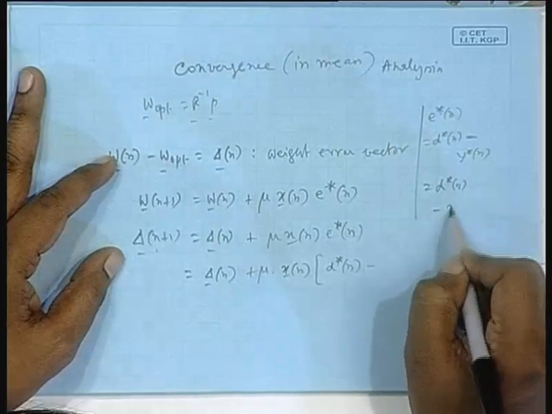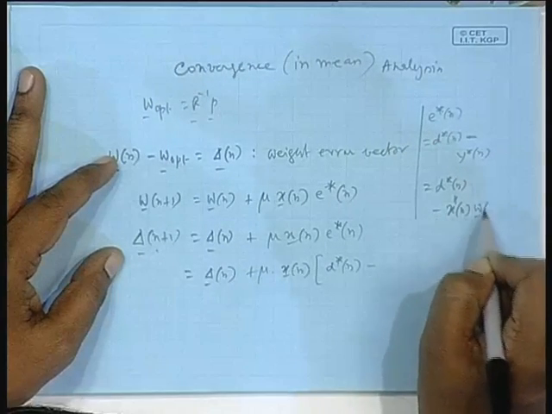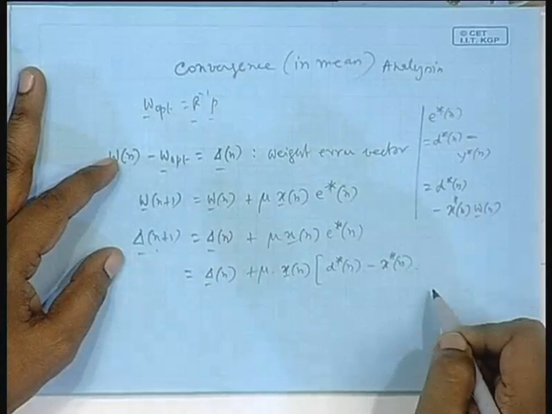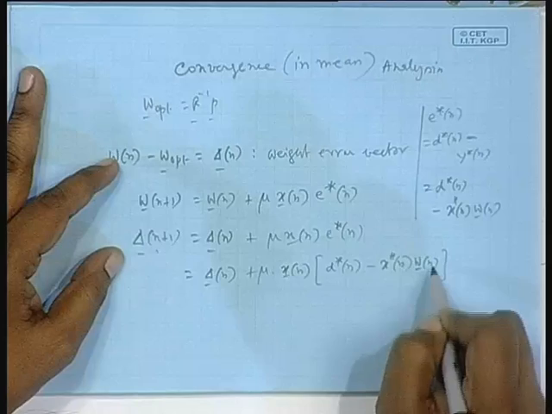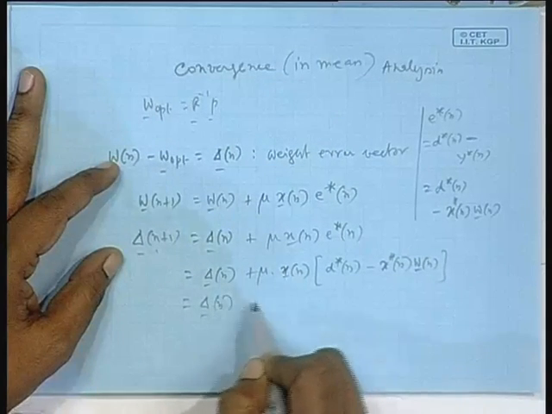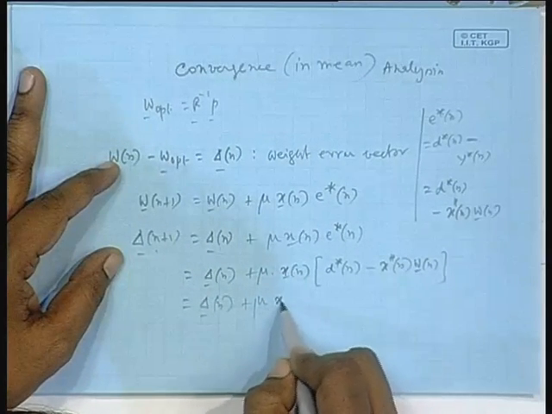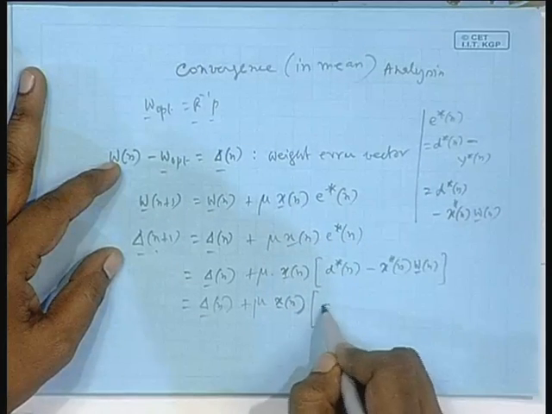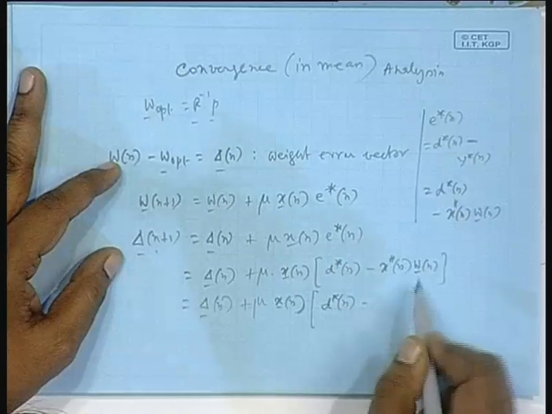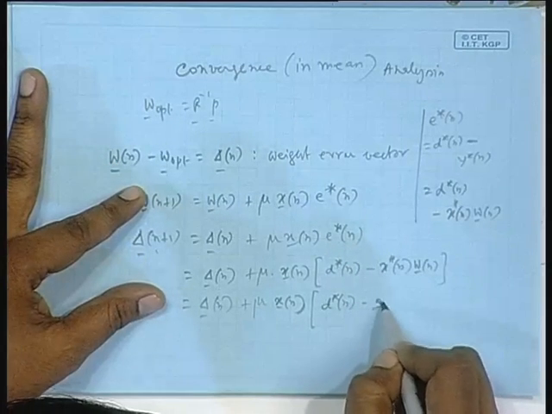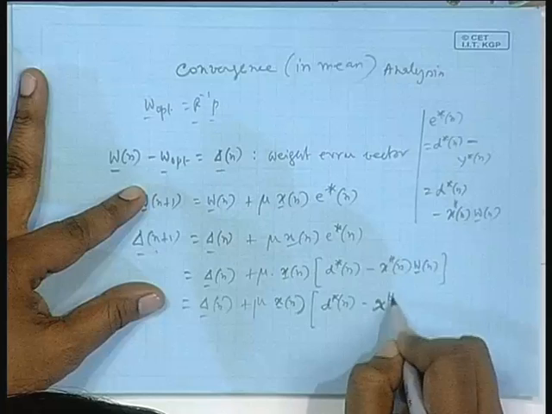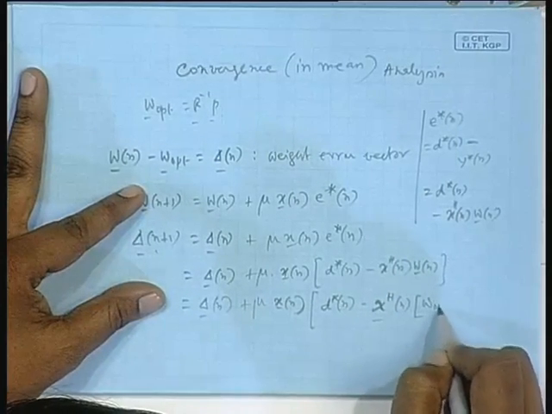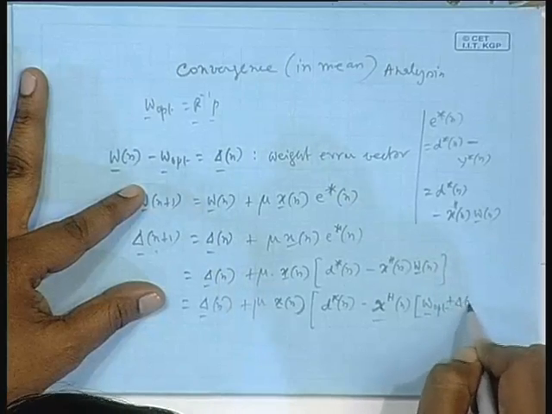So, Y Hermitian is x n Hermitian W n, that is what will come here, W n, and this W n I will replace as W opt plus delta n.